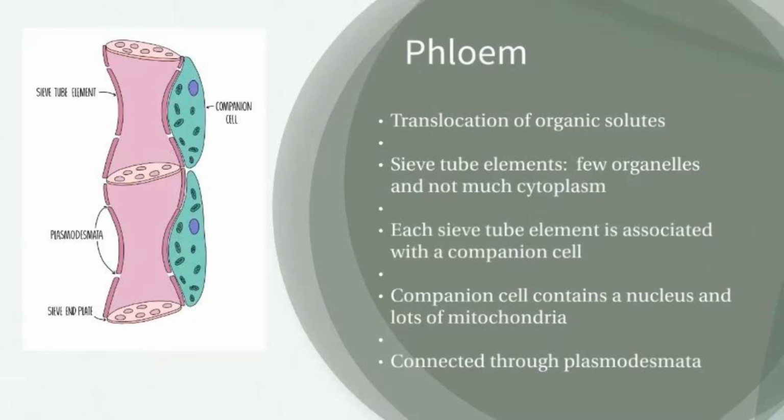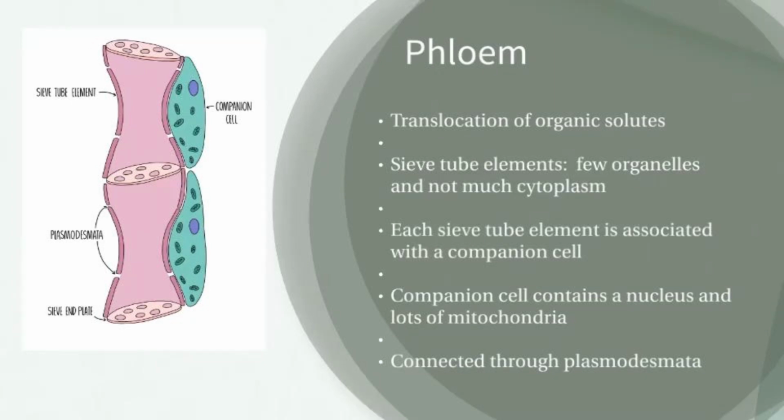These two cell types are connected via the plasmodesmata, which, if you remember from the previous module, are small holes within the cell wall that can connect different plant cells together. The reason that the companion cell is with the sieve tube element is to provide energy to the sieve tube element during translocation of organic solutes within the phloem, which we're going to go on to later in the lesson.